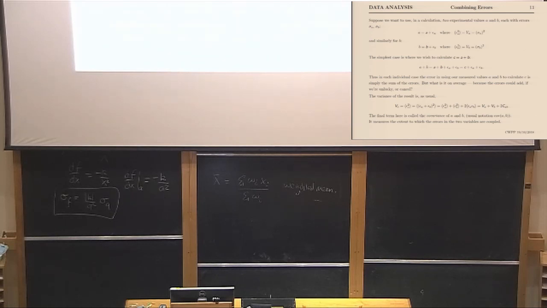So I'm using this sans serif notation for the covariance. Another notation, people who call it variance var will tend to call the covariance cov. And it measures some coupling in the two errors.